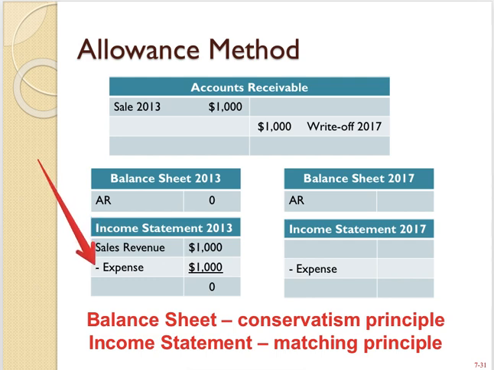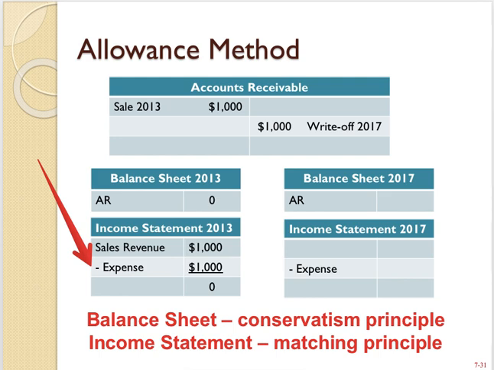So I'm going to match my revenues with my expense. So in this way, our balance sheet follows the conservatism principle, because we're showing a more conservative estimate, not overly optimistic. We're taking caution here because I don't think we're going to collect this, so we're showing a conservative asset, and our income statement is showing the matching principle because our revenues and expenses are matching.